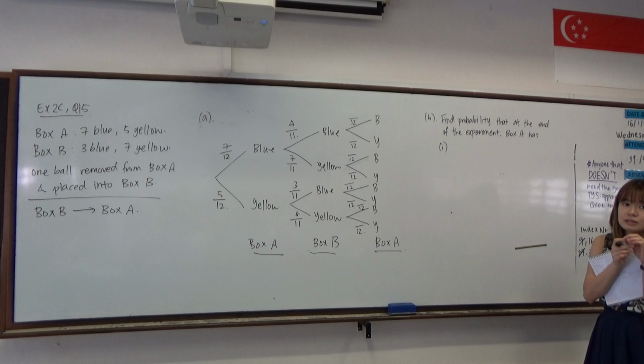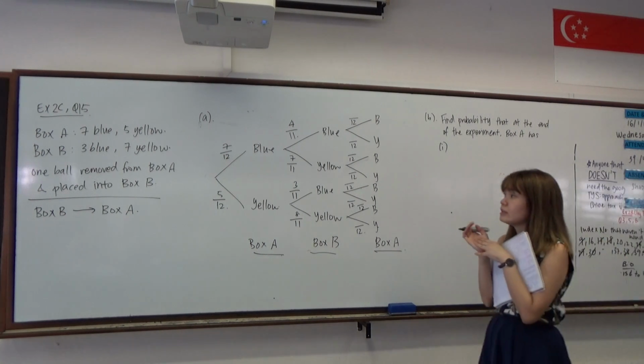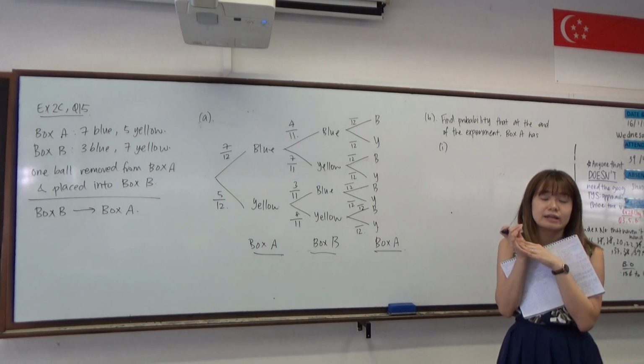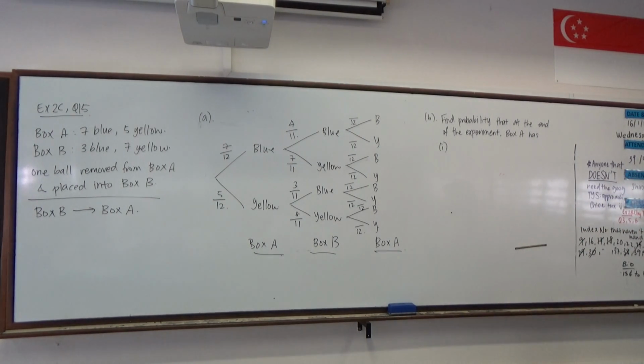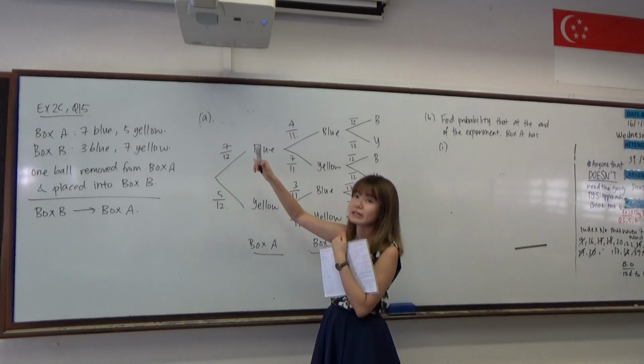5 over 12? How can it be? Taking a blue one from box A, 7? How do you decide that it's going to be 7? Take out, then you put back in, then you take out. Because originally I took one blue one out, so it becomes 6.